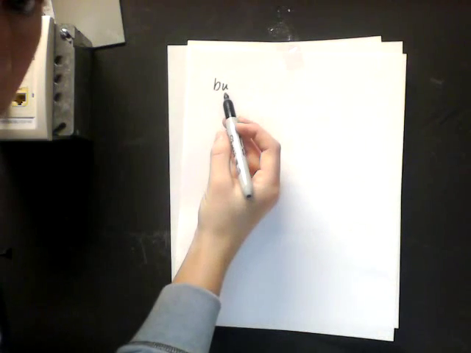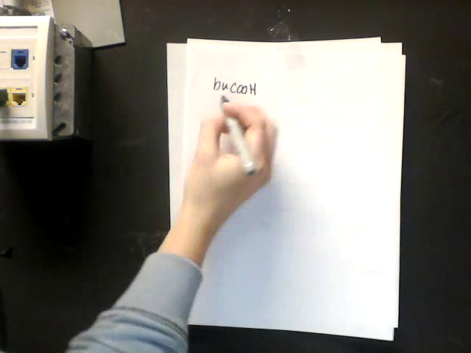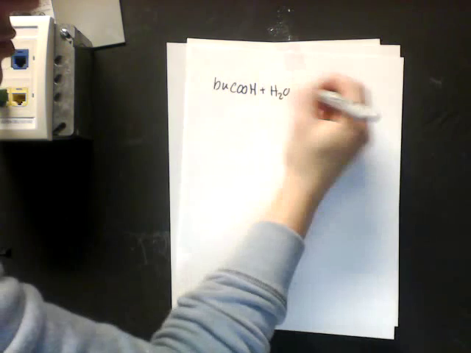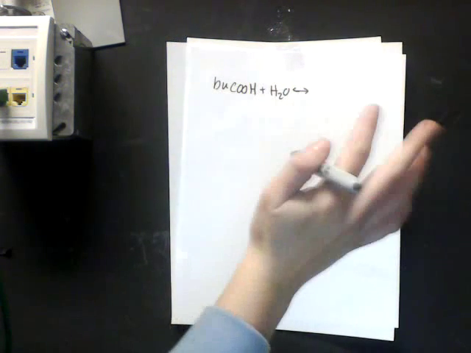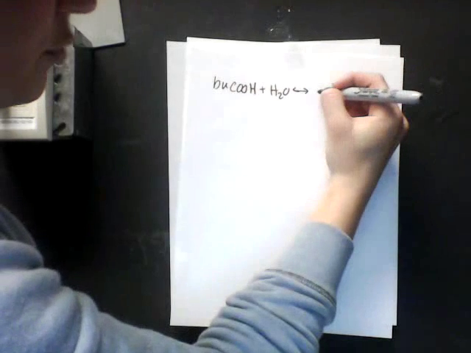Again, if you don't remember what butanoic acid is, totally fine. You can just write BuCOOH plus water, or leave the water out. If you want to see it with water, I will write it that way this time. Either way is completely fine.